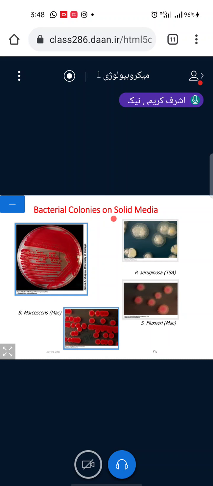Bacterial colonies on solid media. This is Serratia marcescens with red pigment. Shigella flexneri in MacConkey.